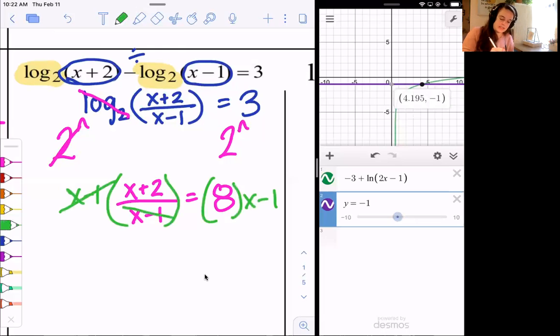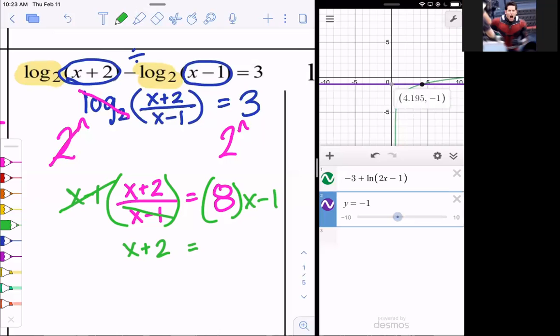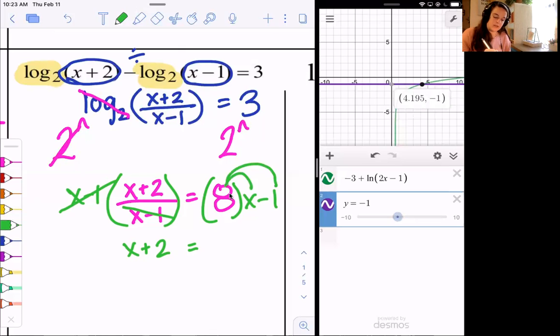x minus 1 will cancel, leaving me with x plus 2 equals, what do I need to do with 8 and x minus 1? How do I multiply them? You multiply 8 to x and 1. Mm-hmm, absolutely. Multiply 8 to x and 8 to 1. So I have 8x minus 8, like so, distributing.